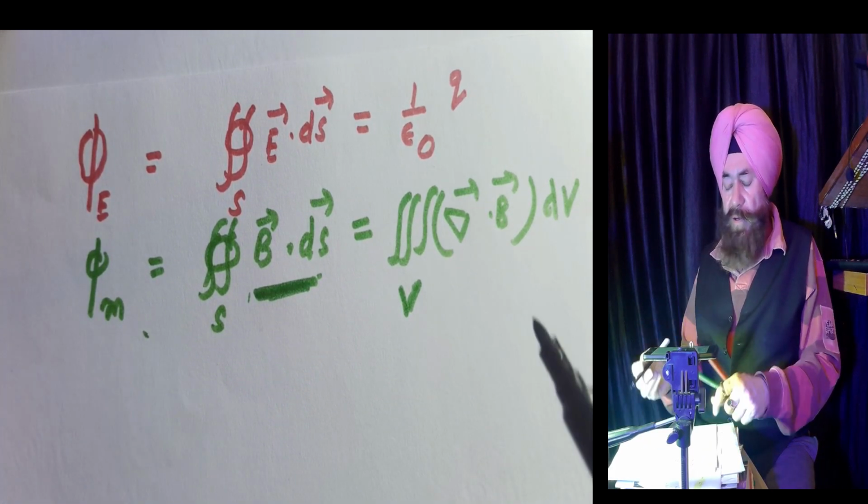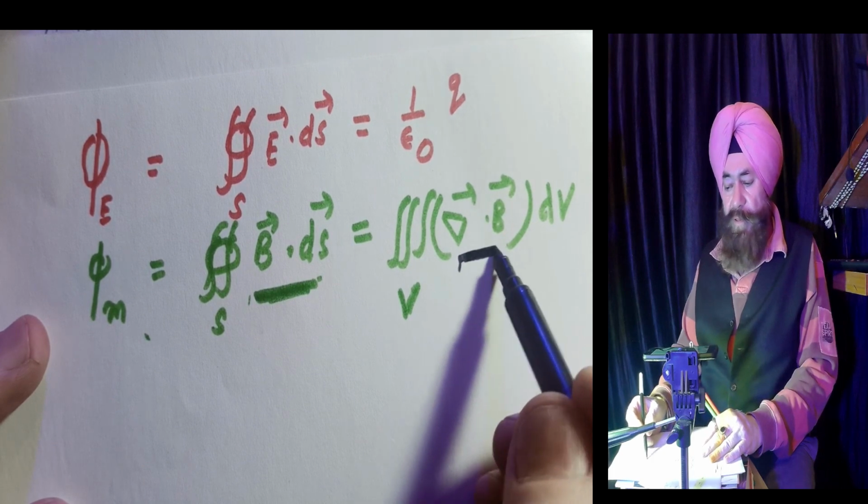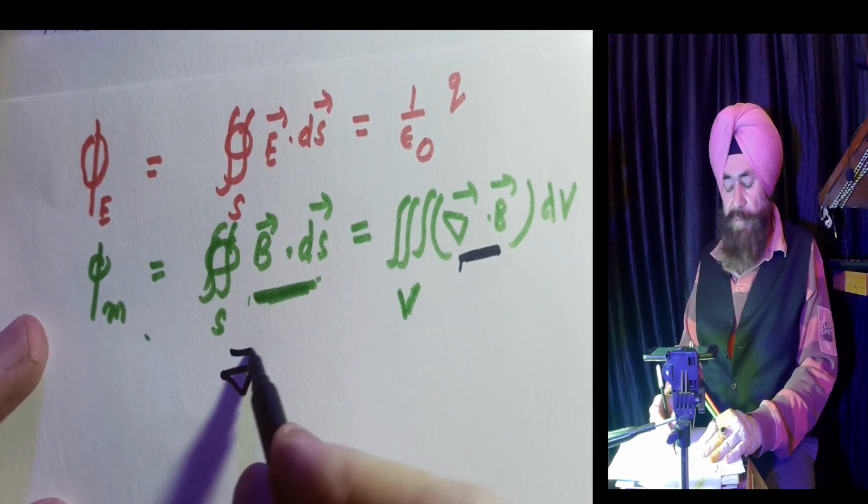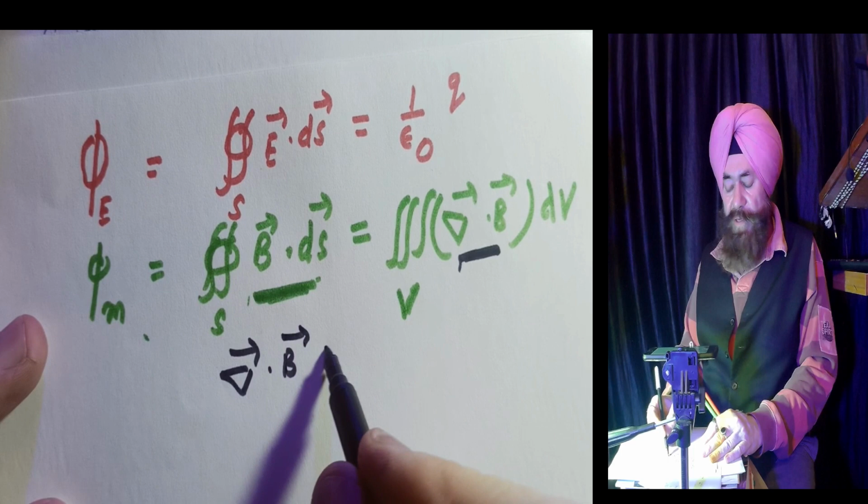Now I already proved that del dot B, the divergence of B, is 0.